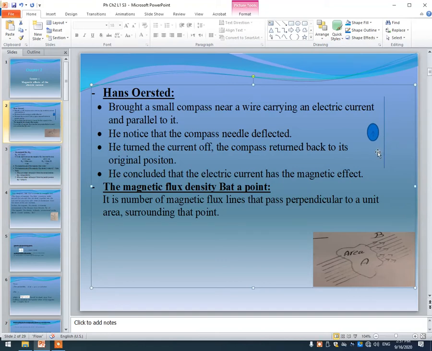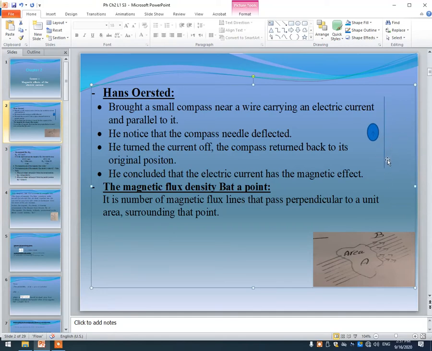But the scientist Hans Ørsted wanted to be more sure that the deflection of the magnetic needle was due to the power from passing the current through the wire. So he decided to cut the electric current from this wire.